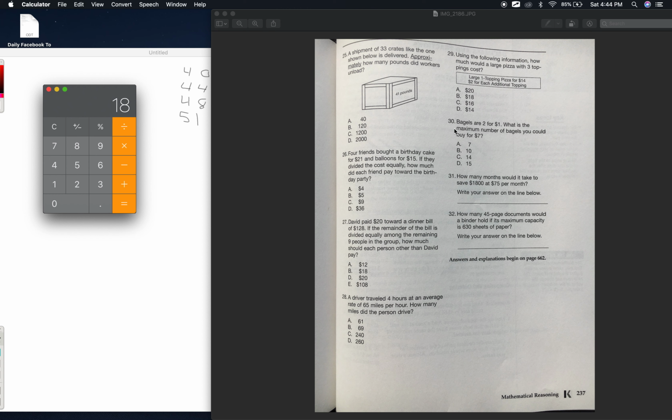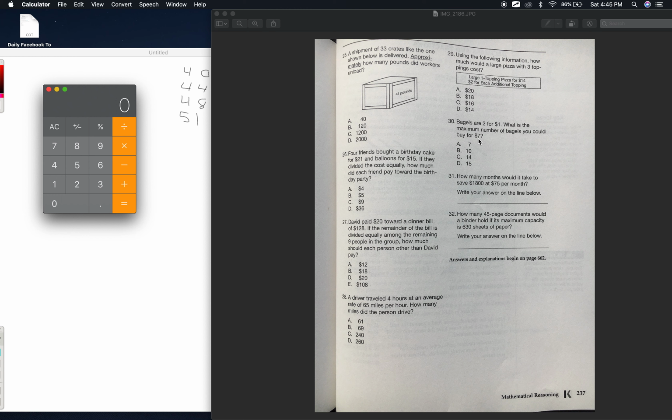Number 30. Bagels are 2 for $1. What is the maximum number of bagels you could buy for $7? So we know that you can get 2 bagels for $1. So how many bagels can you get for $7? What we need to do here is multiply 7 by 2, okay?